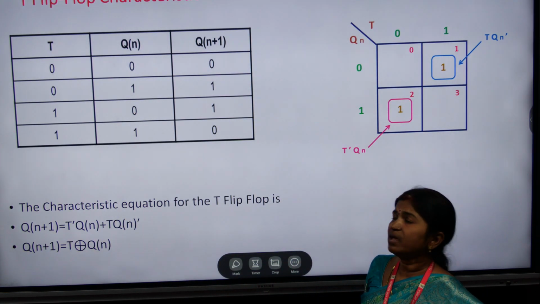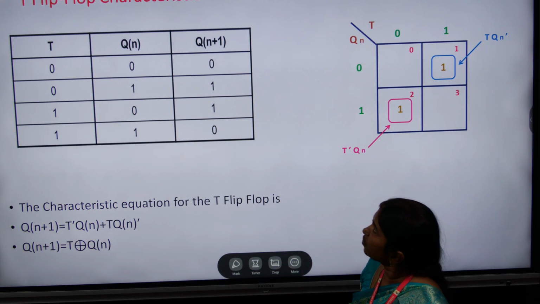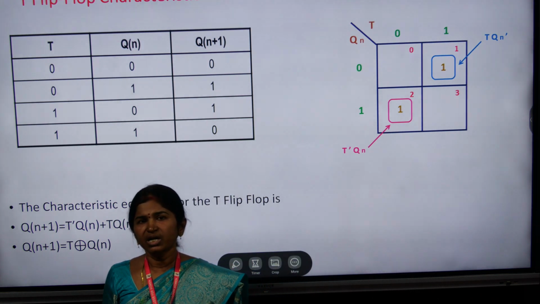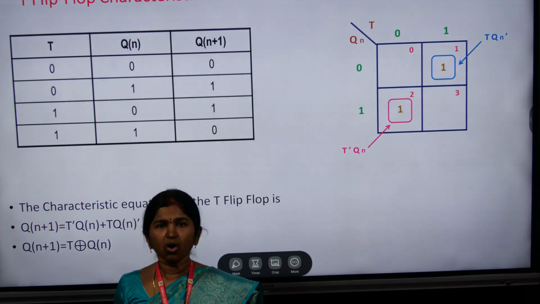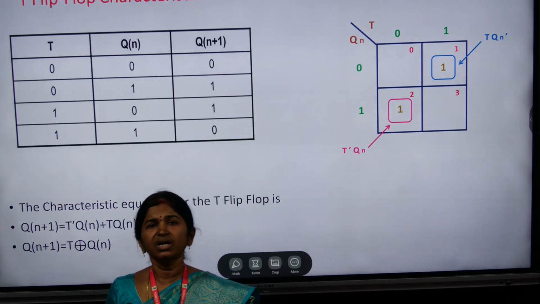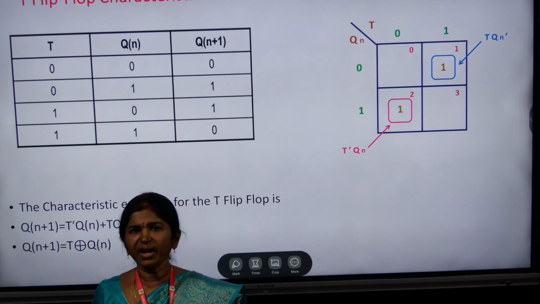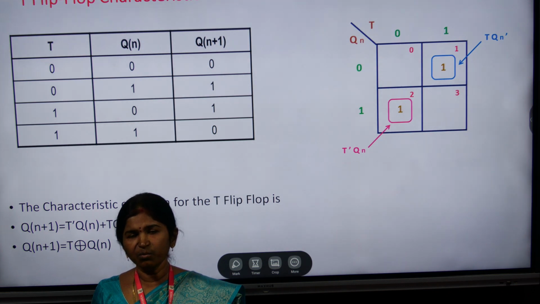Next, finally, I will go for the characteristic table of the T flip-flop. The T flip-flop is nothing but the toggle flip-flop. Before going to the characteristic table, we will recall the truth table of the T flip-flop. The T flip-flop means only one input is there, and whatever the input is, that input will be carried.